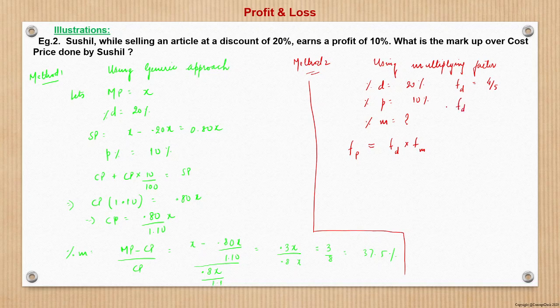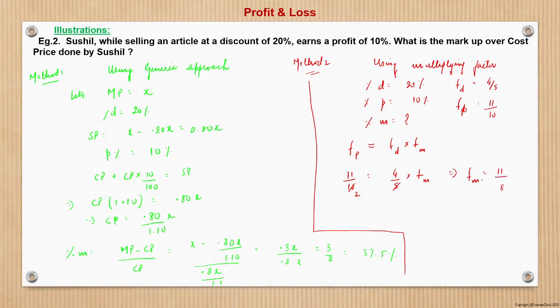Similarly, profit is 10%, so the profit factor is 1 plus 10 by 100, which is 1.1, which is 11 by 10. So 11 by 10 is equal to Fd, which is 4 by 5, into Fm. This cancels out, so from here Fm is nothing but 11 by 8.